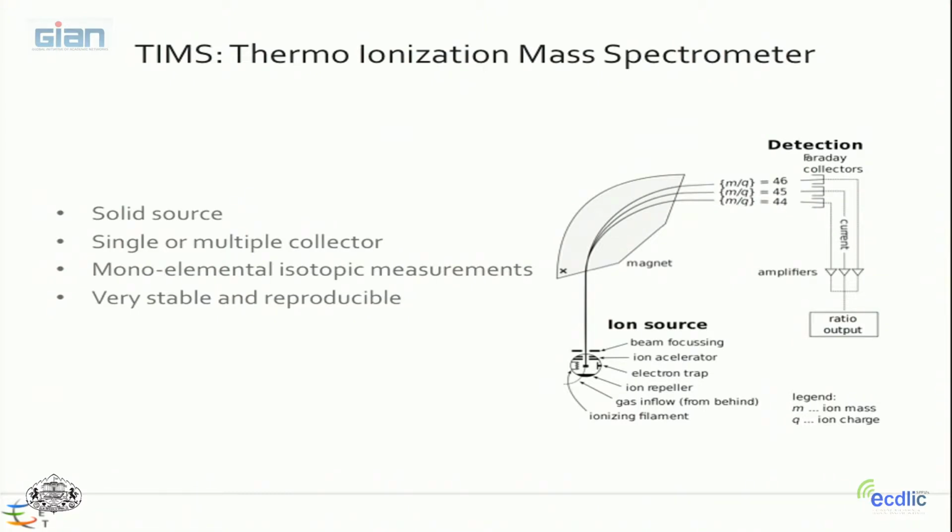So what is a thermo-ionization mass spectrometer? Thermo-ionization is because you are using temperature control. In our case, it's a filament to increase the temperature of the deposit of your element until you reach a level of energy where you can extract an electron from your element so that it becomes positively charged.